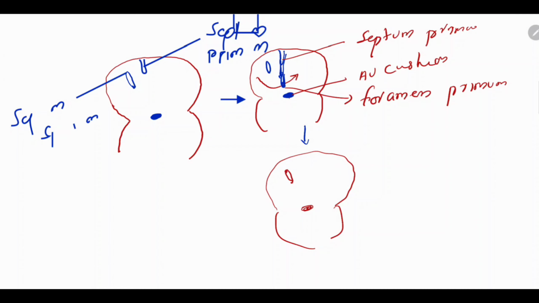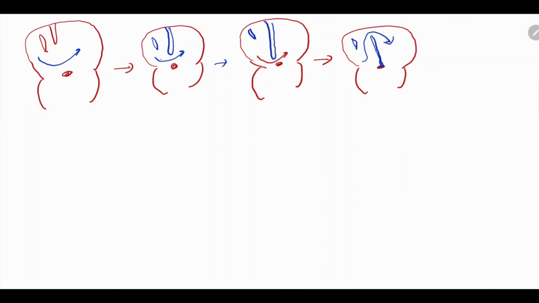The septum primum is growing and finally fuses with this one. Just before it fuses with the AV cushions, this proximal part dissolves. Why? Because the blood has to go from the right part to the left part.